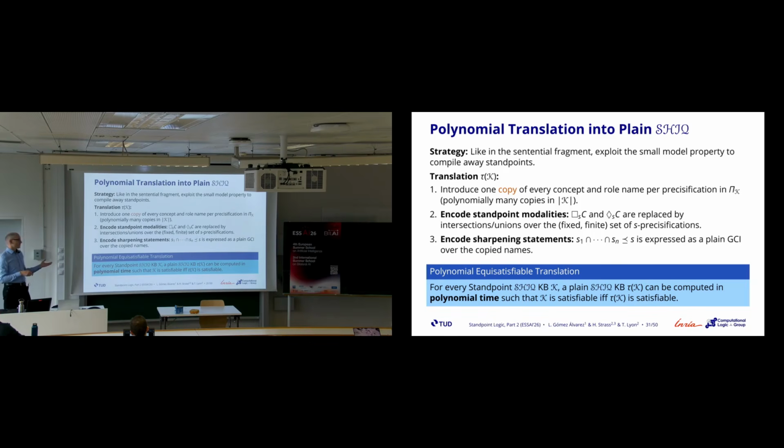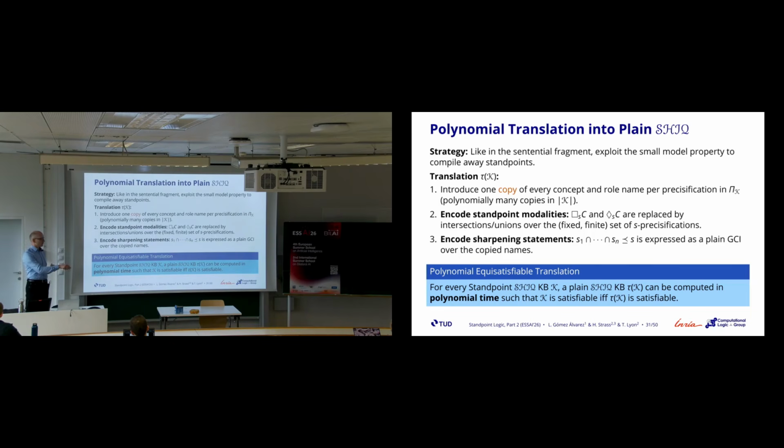And then what this gives us is, starting from a standpoint SHIQ knowledge base, this translation will produce a plain SHIQ knowledge base, so a description logic knowledge base without standpoint modalities. The translation can be computed in polynomial time, right? Because we can easily obtain the precisifications that we need, and then we only have to create as many copies as we have precisifications. And that's the important bit about this result, this translation preserves satisfiability.